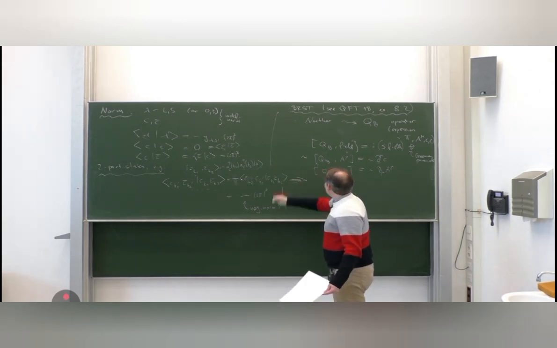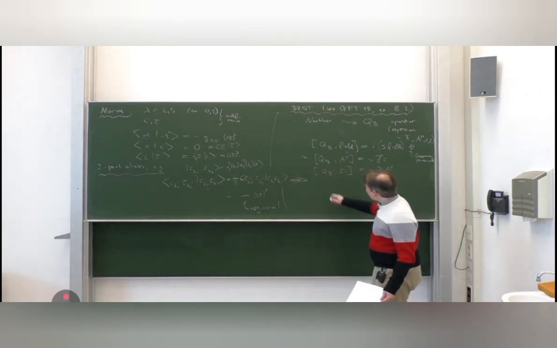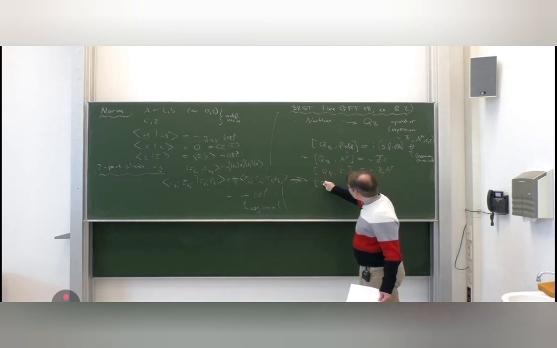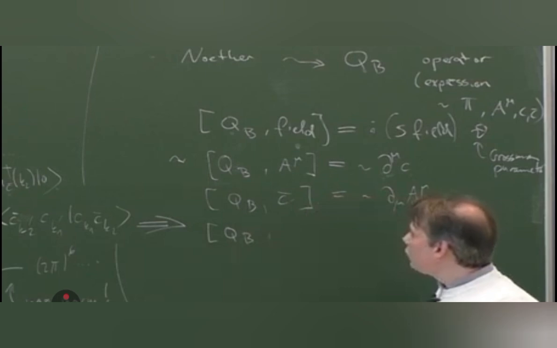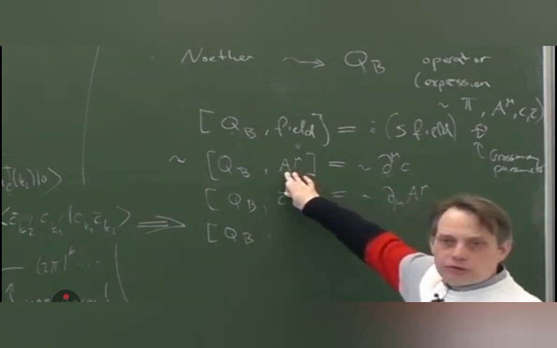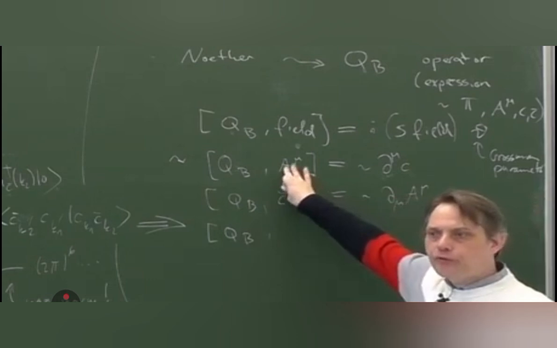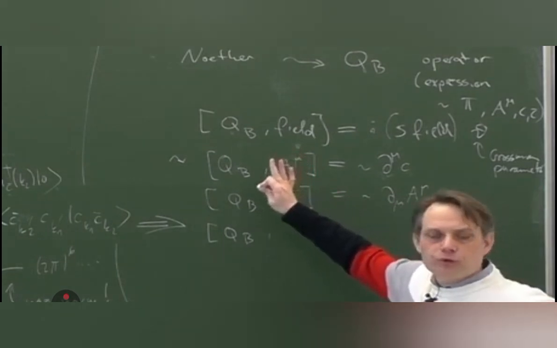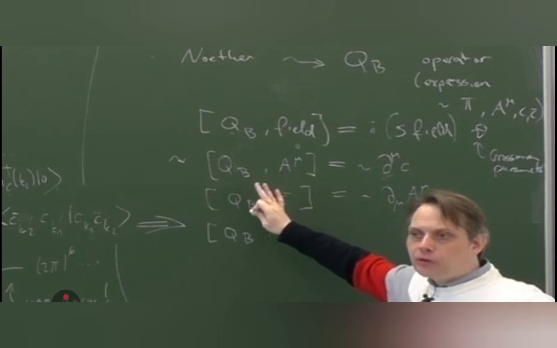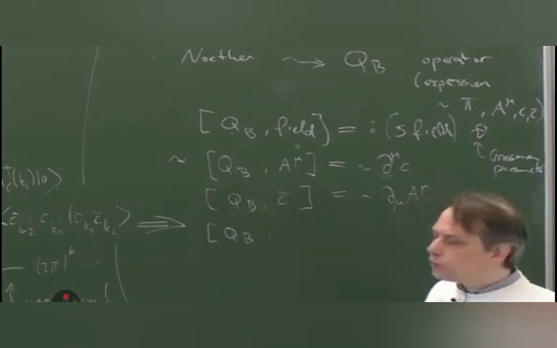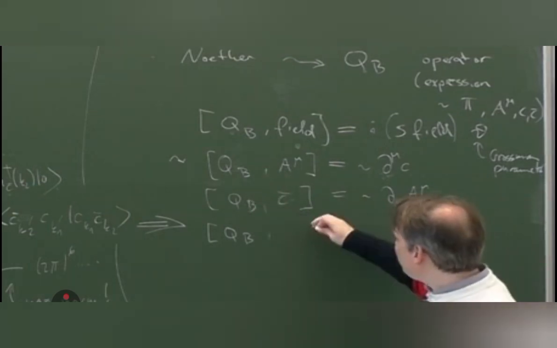So, we can now infer some commutation relations with creation or annihilation operators. So, for example, the vector field A_mu contains 4 different creation operators for the 4 different lambdas. 2 of the lambdas correspond to transverse polarizations. 2 other lambdas are unphysical.